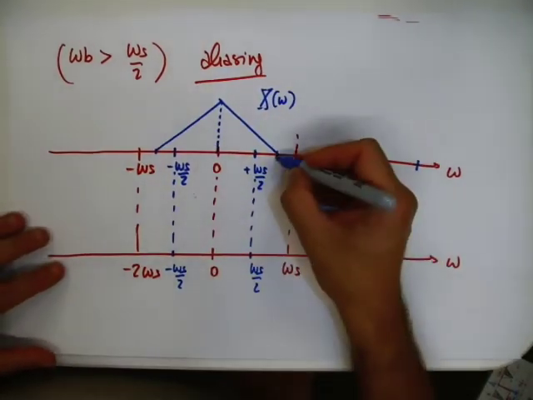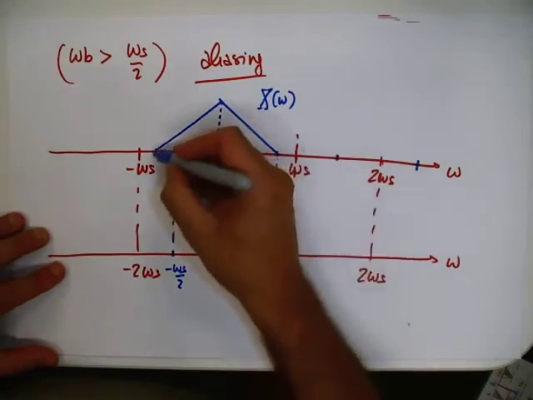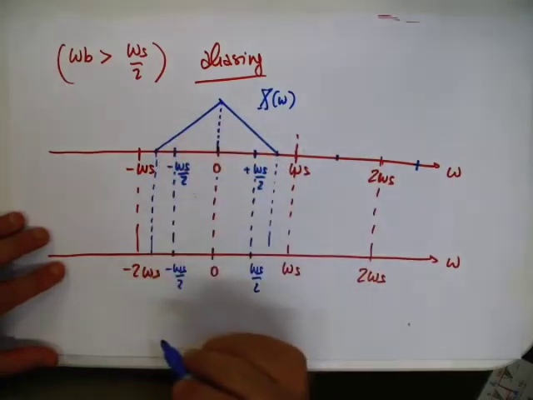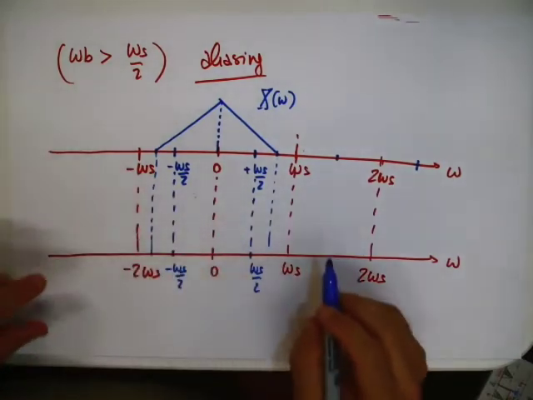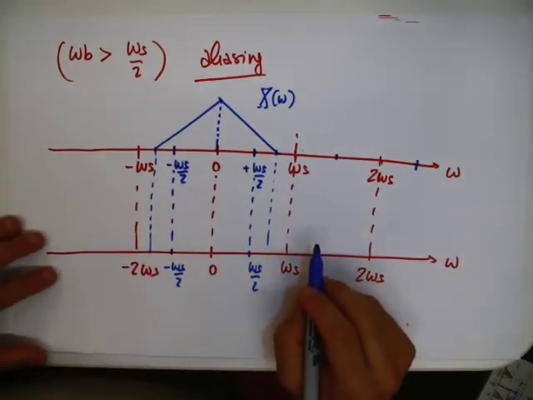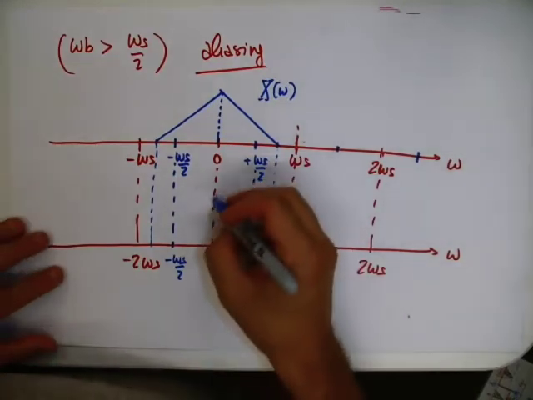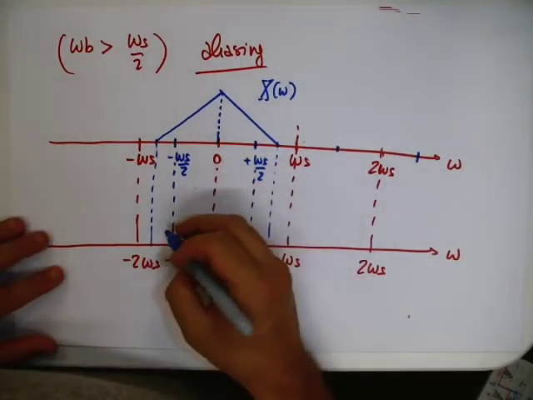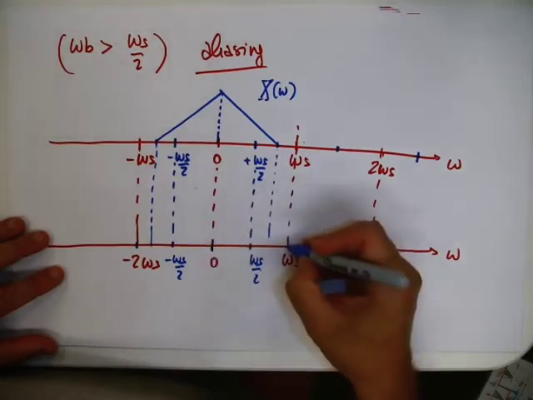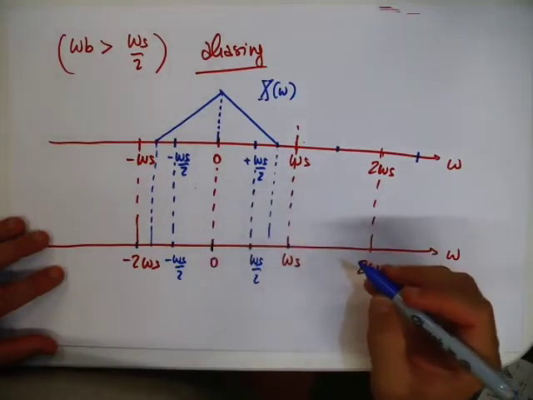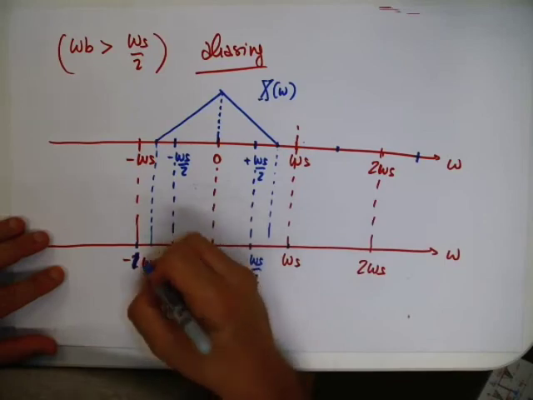So what's going to happen when I start to do the sampling, when the spectrum of the Dirac-ified signal will be given by what? So I still have the original one. This is 0, this is omega, and this is minus omega s.